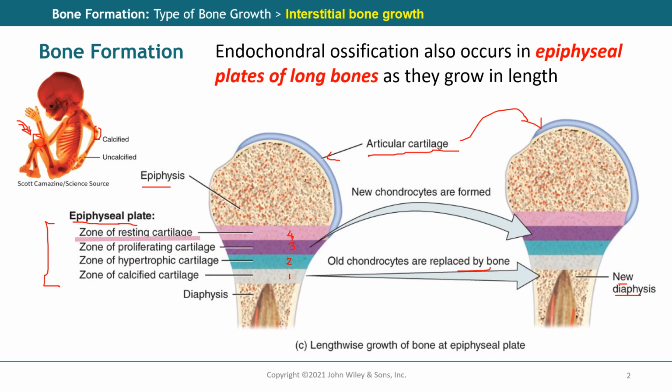You have the zone of resting cartilage, the zone of proliferating cartilage, and a zone of hypertrophic cartilage. Finally, you have the last zone, the zone of calcified cartilage, which is the one that is going to be replaced by bone. Again, the diaphysis is here, and here you find the new diaphysis that allows the bone to extend longer and longer.